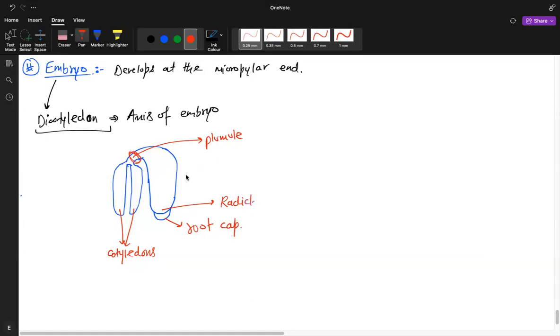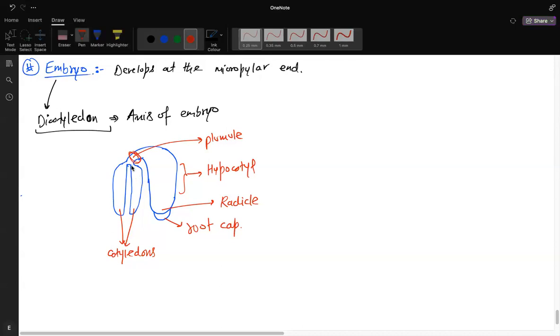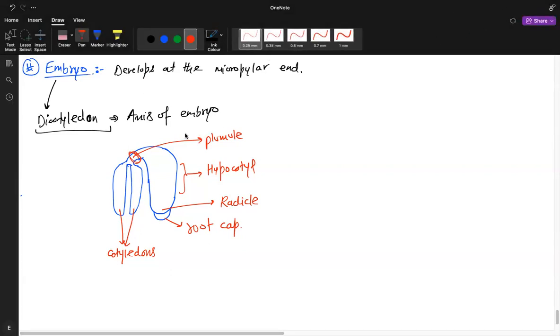And in between the plumule and radicle, this region is called the hypocotyl. I'll tell you why it's called hypo. Remember, the word hypo is always associated with something which is below, right? Hypocotyl, below the cotyl, because if you see, it is below the cotyledonous region. So it's called hypocotyl. It's below the cotyl, right? Am I audible, people?